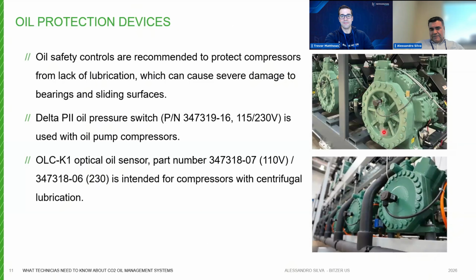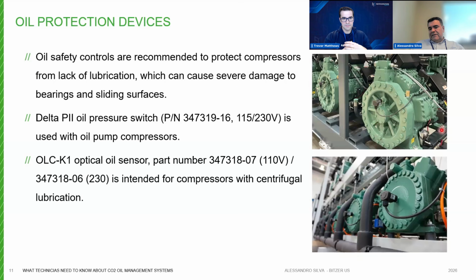Regardless of whether you are using an oil level controller, this is our primary oil safety, because the oil level controller just controls the oil level, but the Delta P2, the oil pressure switch, measures the differential pressure in the oil pump.